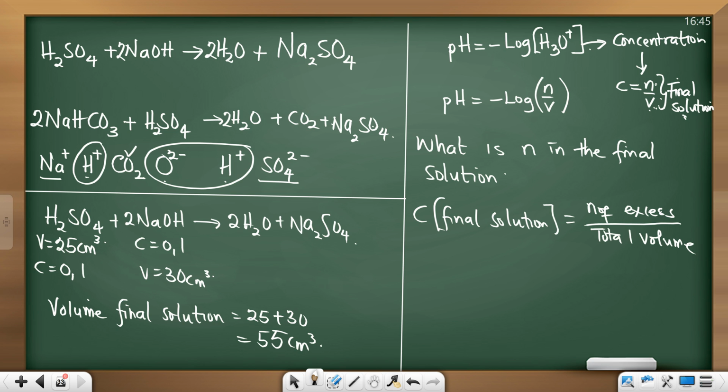Because the number of moles of the excess one is what determines whether my final solution is an acid or a base. Okay, guys, I'd love you to please get that. Whatever is excess tells me if my final solution is what? An acid or a base.